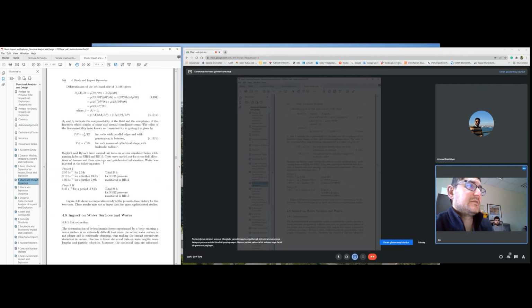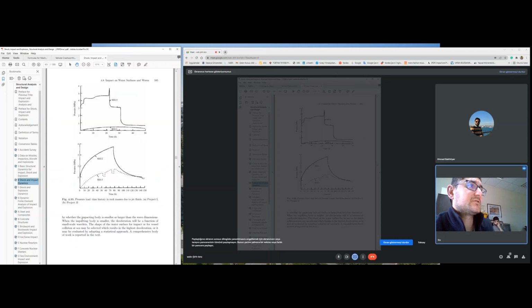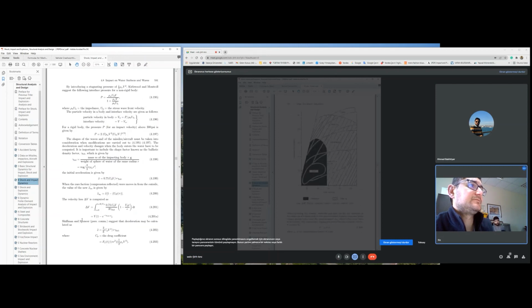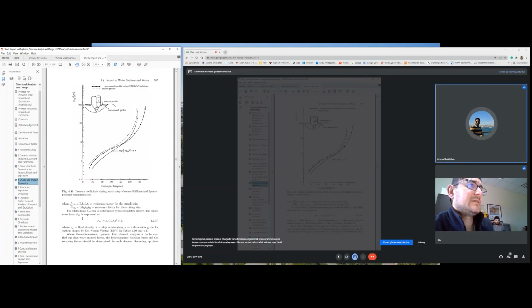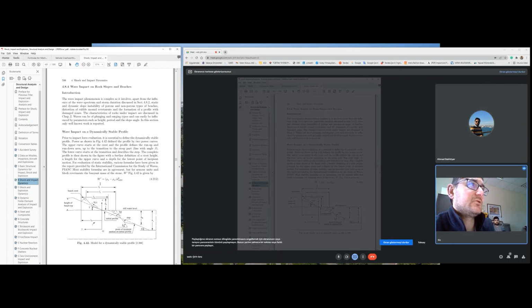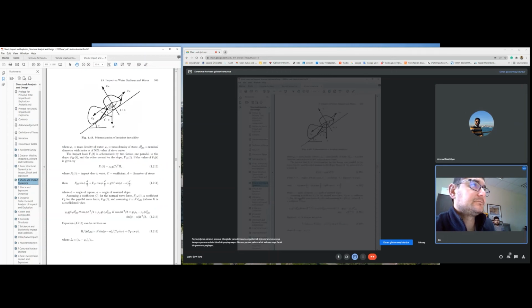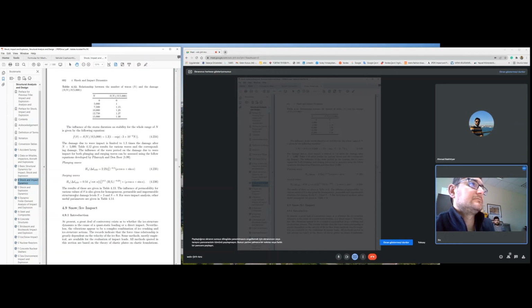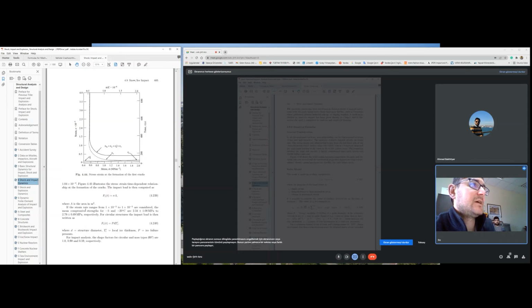Rocks, we can pass. Water surface. That is not, again, our issue, so we can pass here also. Snow ice impact.